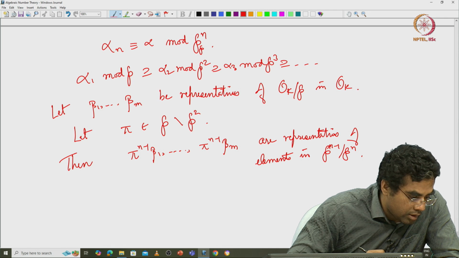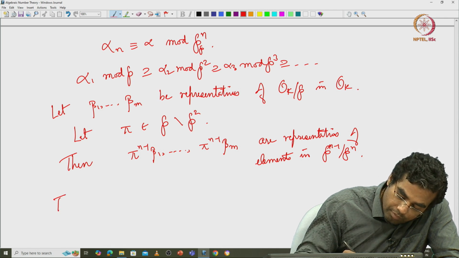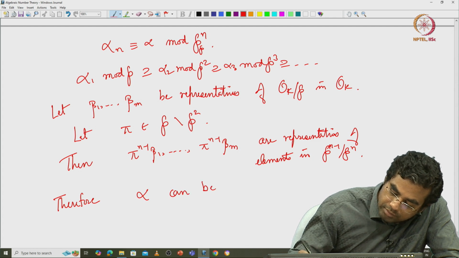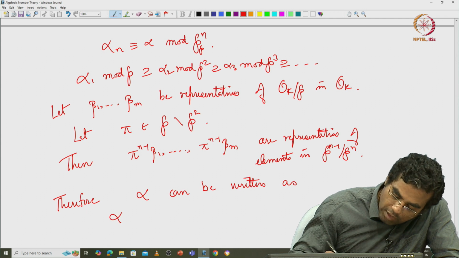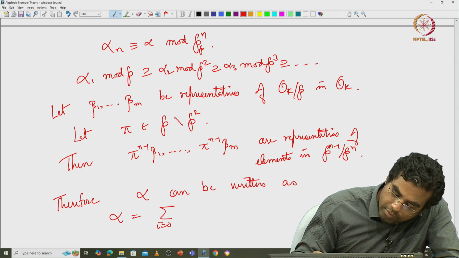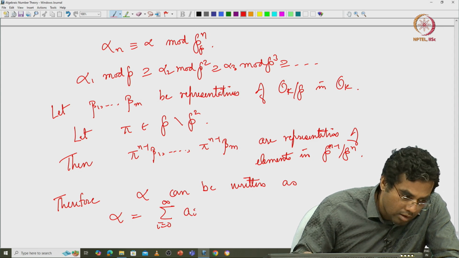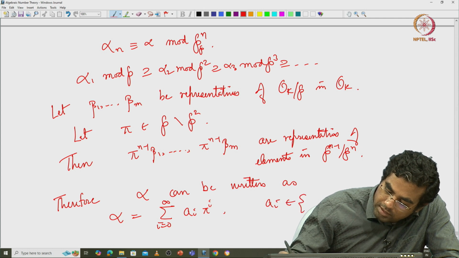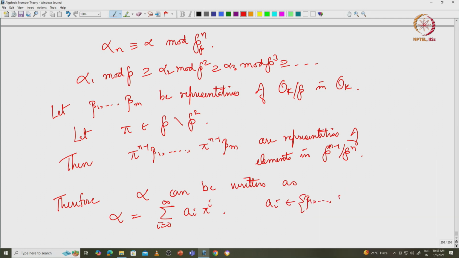All right. So therefore, alpha can be written as alpha is the summation i going from 0 to infinity a_i pi^i, where a_i is in this set beta 1 up to beta m.